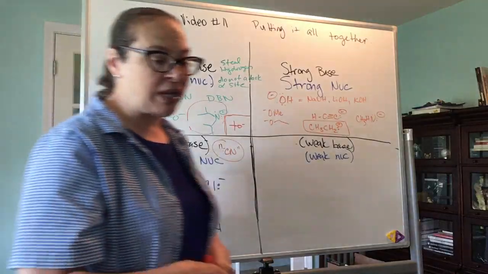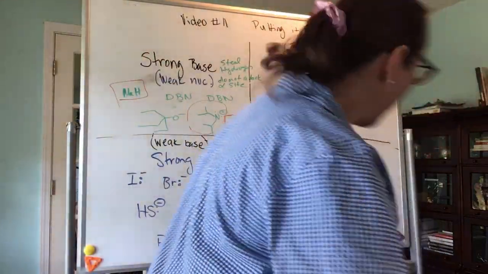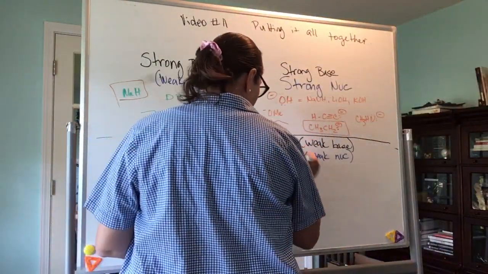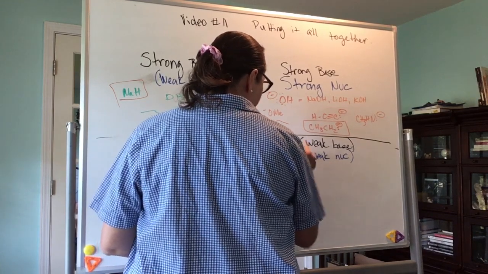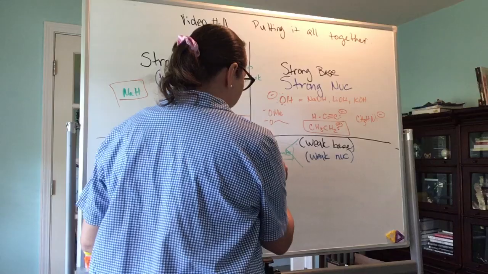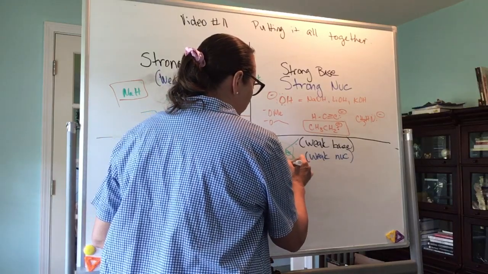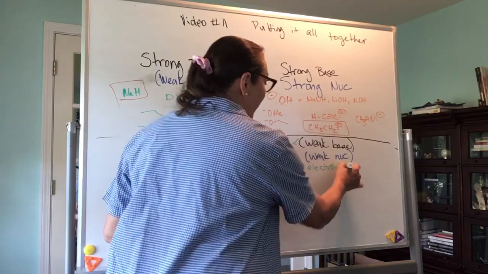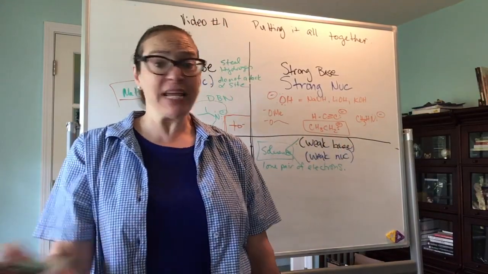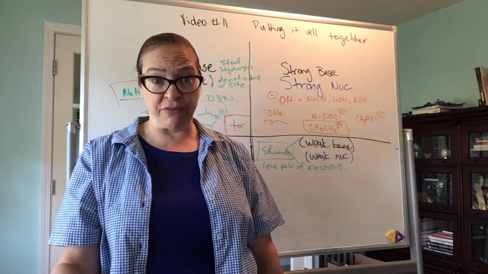What kind of things are weak bases and weak nucleophiles? 99% of the time, these are solvents. Now, they have to have lone pairs of electrons, because if they don't have lone pairs of electrons, they are neither a base nor a nucleophile.